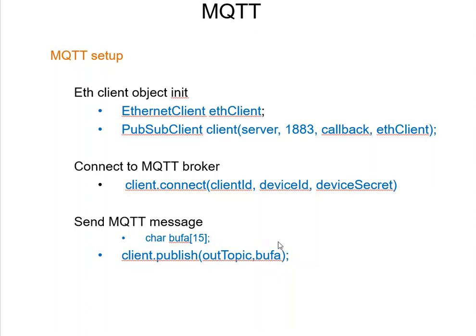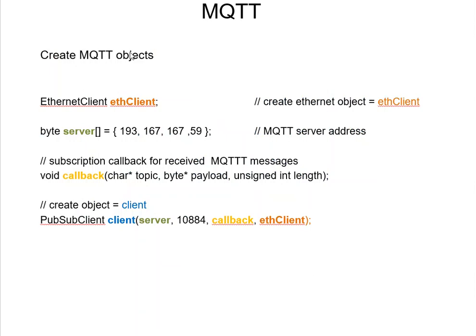The message itself is inside this character array. And here we can see what the real-life parameters are for our exercise. For the server address, in our case we are using the virtual machine, so this is the thumb IP address. We give our MQTT broker address, which is in fact the thumb IP address, but there will also be this port definition, 10884.